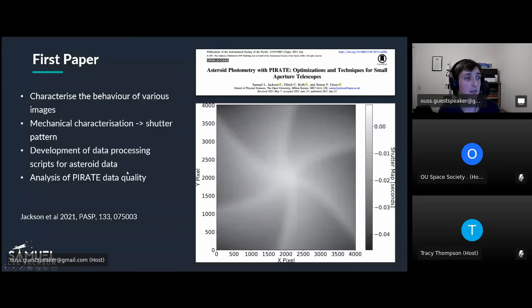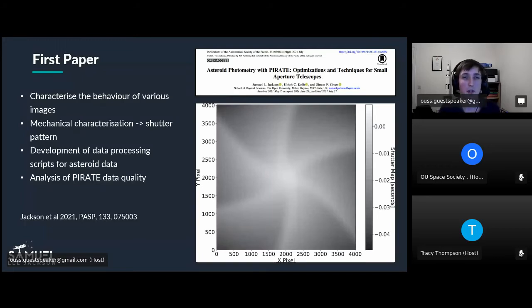As I mentioned before, we did a bit of development of data processing scripts and things like that to get the most useful data from the images of asteroids, along with all those difficult things that tracking asteroids throws at us. And we also did an analysis of the data quality that came off of PIRA and how we would expect that to translate across different systems and compare to other telescopes.